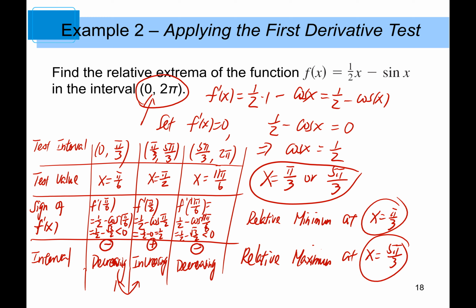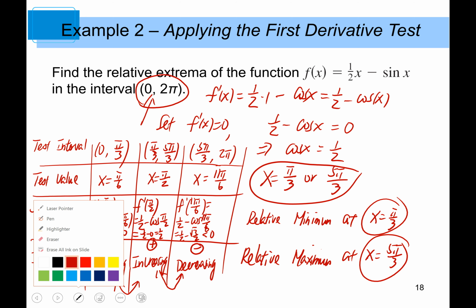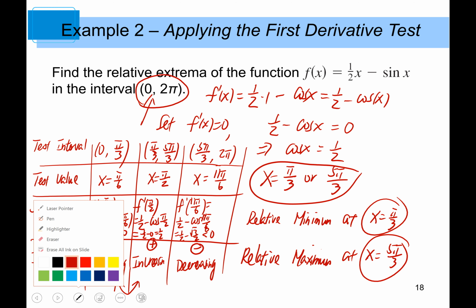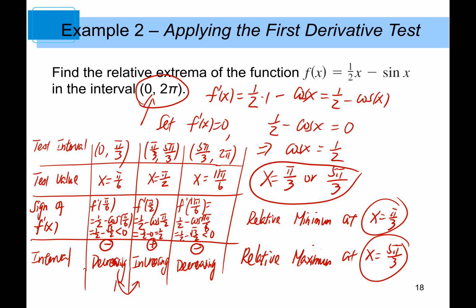Okay, because from increasing to decreasing, then we have relative max. Okay, so that's basically pretty much it, right? So we locate both extremas.